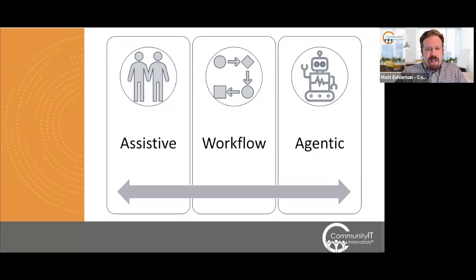In the middle is more of a scenario-based or workflow model. And again, I think we're seeing these now embedded into the tools that you are using. There could be some predefined scenarios, so it's triggered by an event, with certain parameters around when that workflow would trigger.